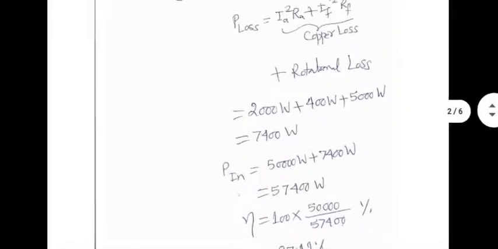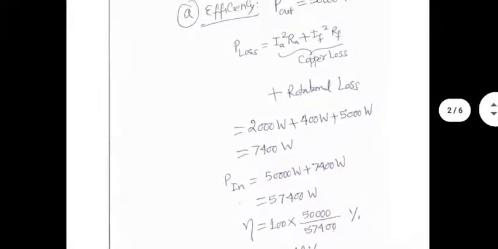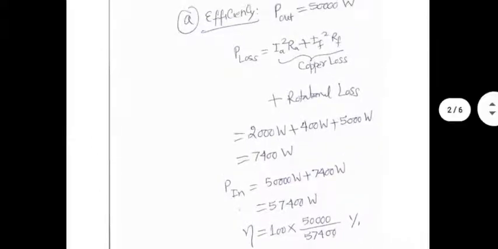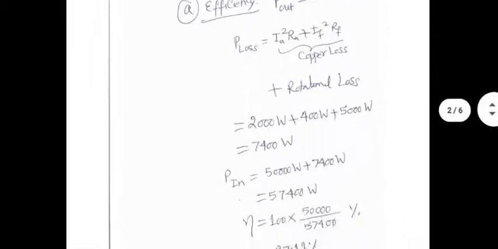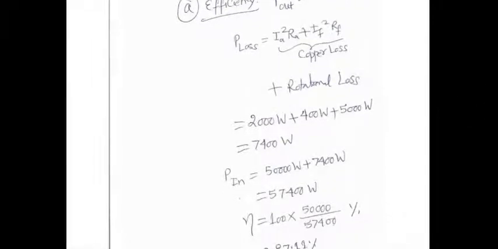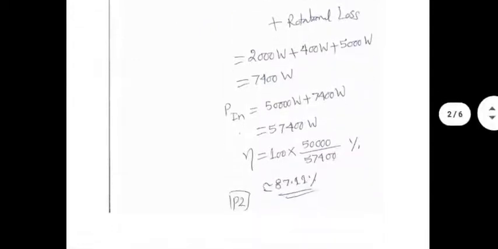So the total loss is 7400 watt and output power is 50,000 watt. So input power will be 50,000 watt plus 7400 watt, common sense, you know. So 57,400 watt is the input power. Now take the ratio. 50,000 divided by 57,400 and multiply the result by 100. You get around 87.11% efficiency.